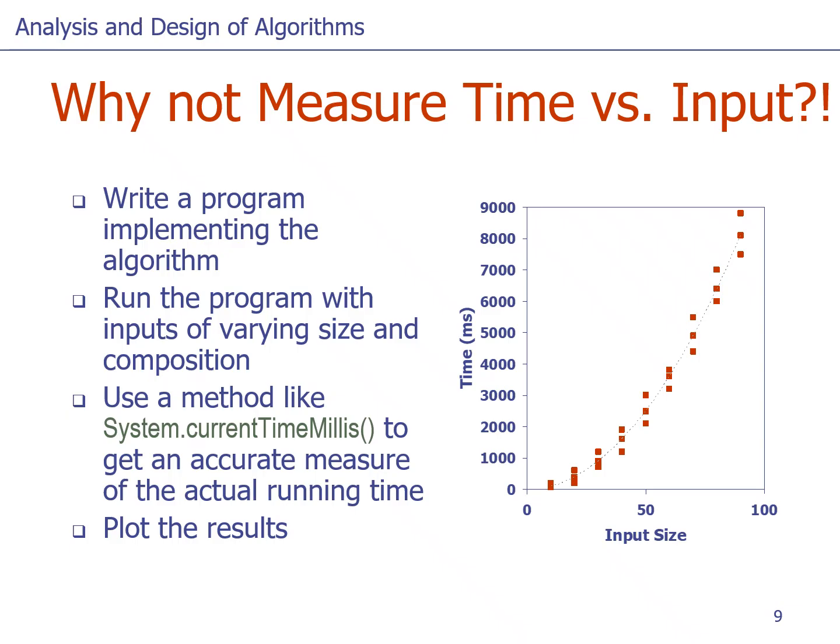What are the problems? Well, first of all, you have to implement the software. So for any given algorithm, let's say you get an algorithm idea, you cannot start to talk about it unless you implement it, because you have to implement it to be able to measure it.